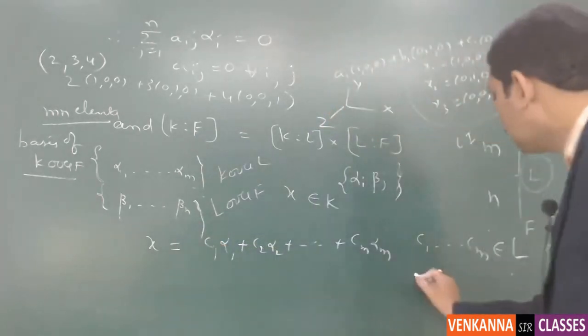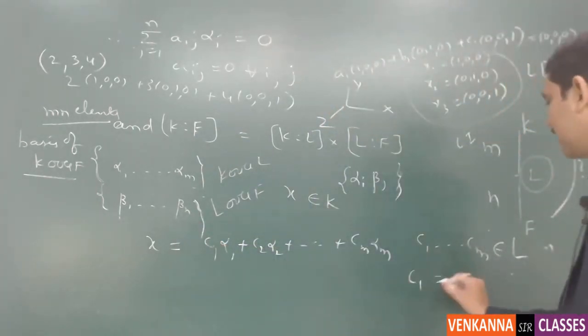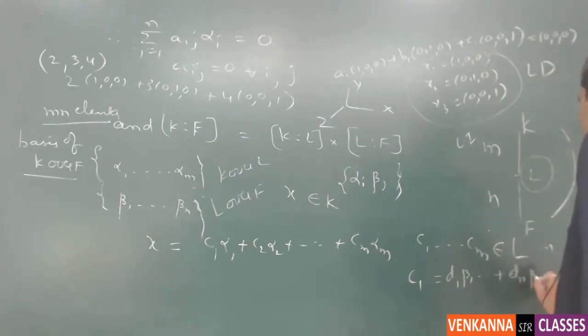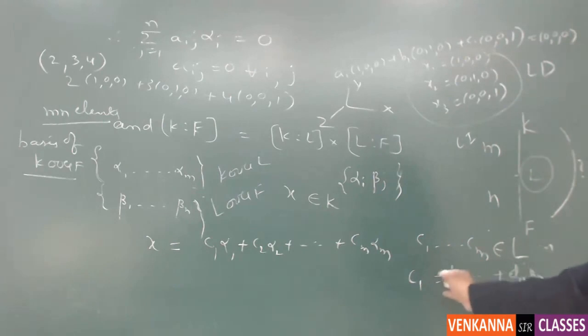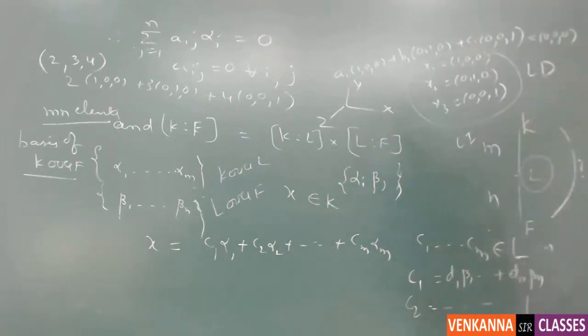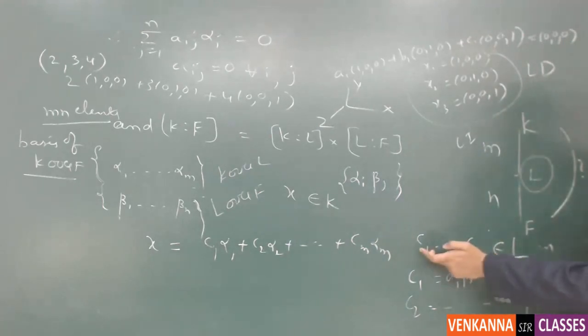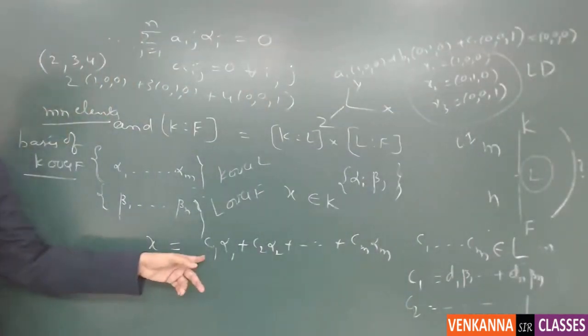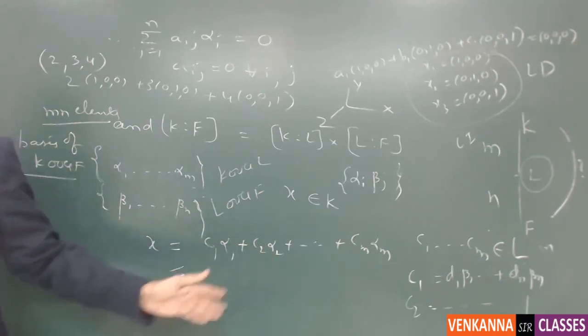It means that you can write C1 as a linear combination D1 beta 1 plus so on plus Dn beta n. C2 can be written as a linear combination of betas, similarly everything. So C1, C2, so on up to Cm are each written as a linear combination using betas.